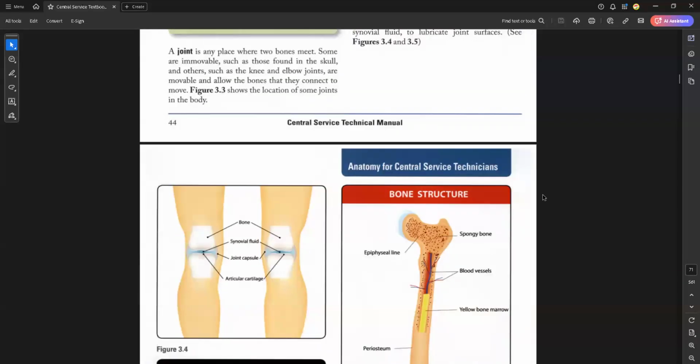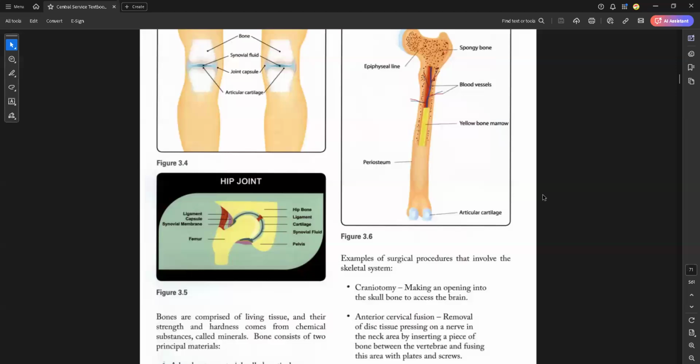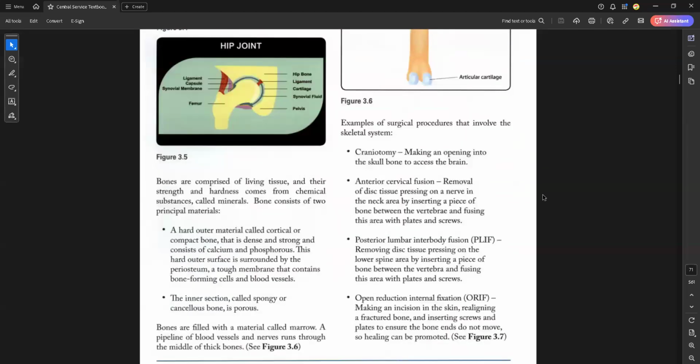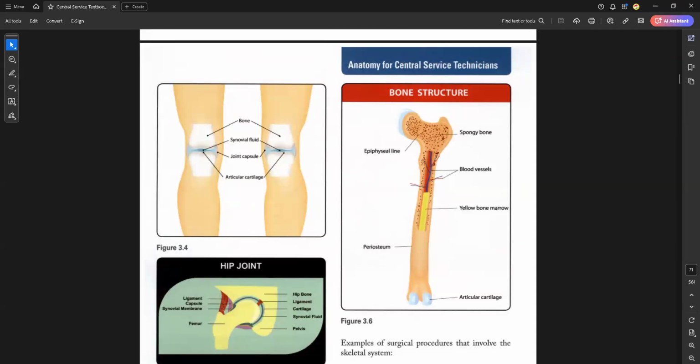Yeah, down again. Bone fracture, those pictures. Yeah, the box, very good. Figure 3.5. When you look at figure 3.5, you see an example of the hip joint, which is the ball and socket type of thing.